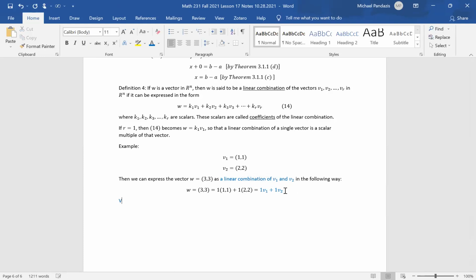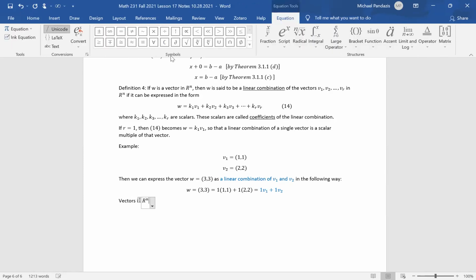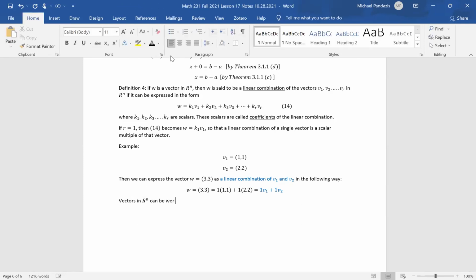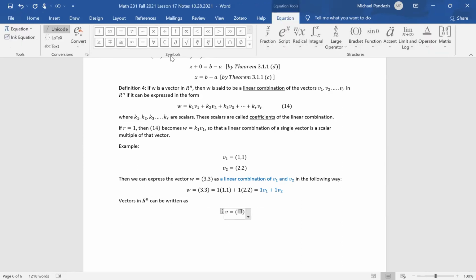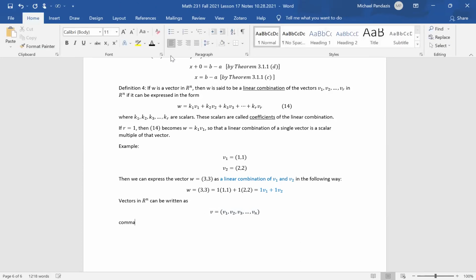Okay, so a new thought. Vectors in n space can be written as v equals v1, comma v2, comma v3, comma dot dot dot, comma vn, which is called comma delimited form.